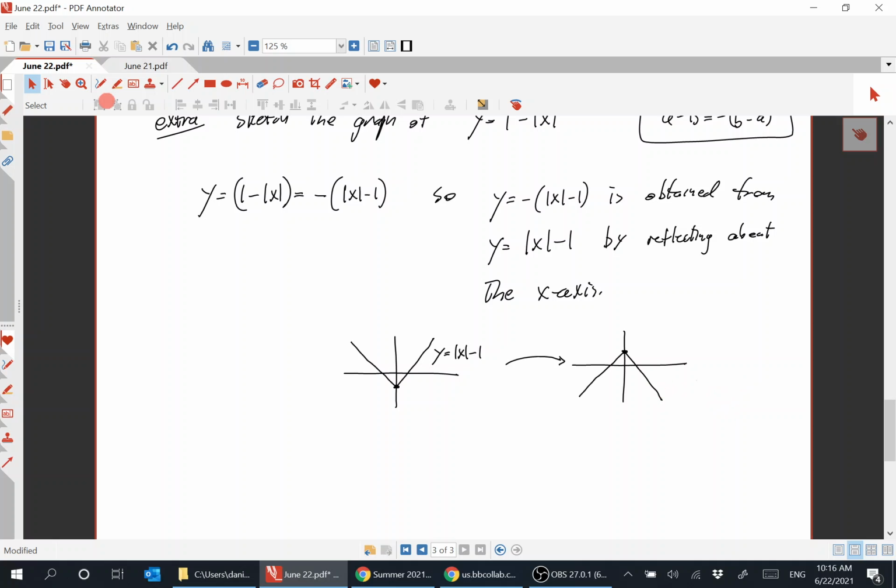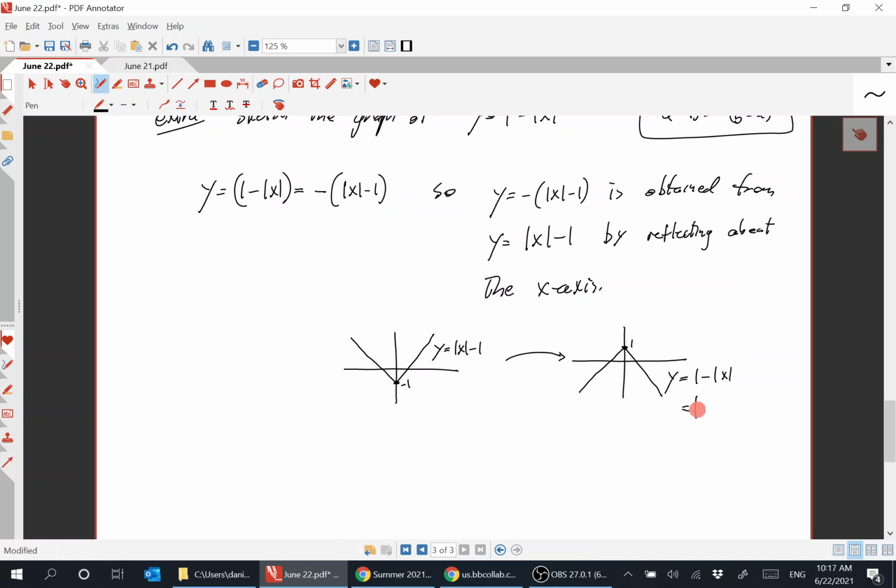So that's negative 1 here, this is positive 1 here. This is the graph y equals 1 minus absolute x. I just flipped it, which is equal to the negative of absolute x minus 1. Just flipped it around the x-axis.